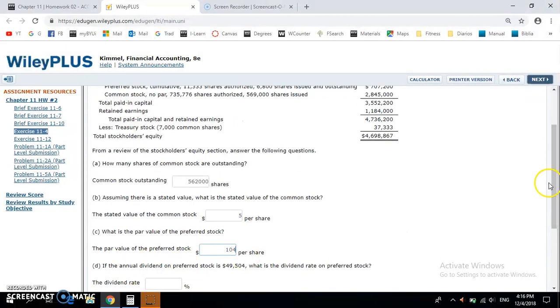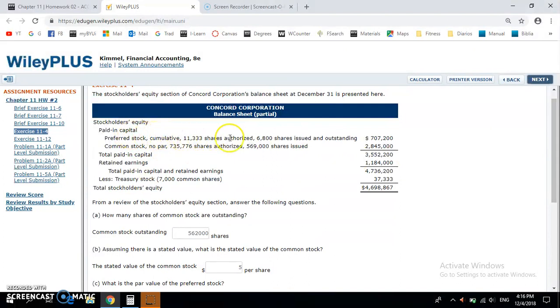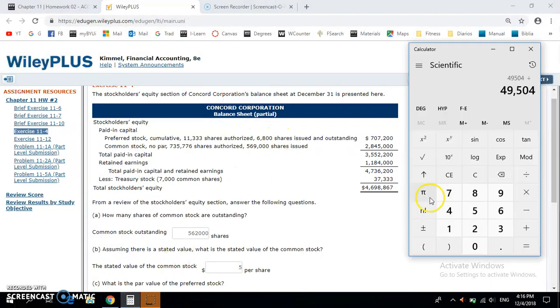We're talking about preferred stock. So how many were issued and outstanding? 6,800. So that's how much they paid per share of dividends.